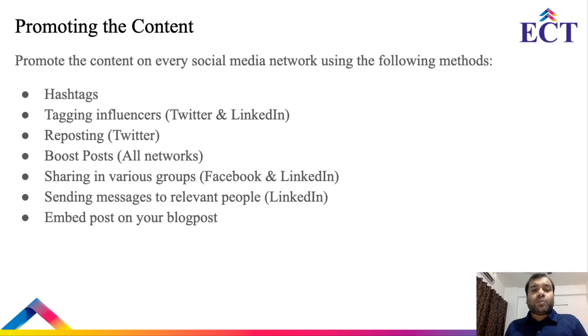The best way to promote is sharing it on Facebook and LinkedIn. You can join certain relevant Facebook groups and LinkedIn groups, and you can post it there by changing titles at different times on different days. That is the best way to get some organic views from there. And then embedding your blog post.